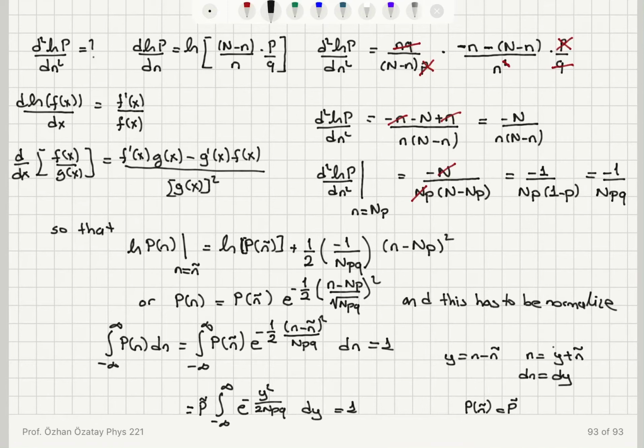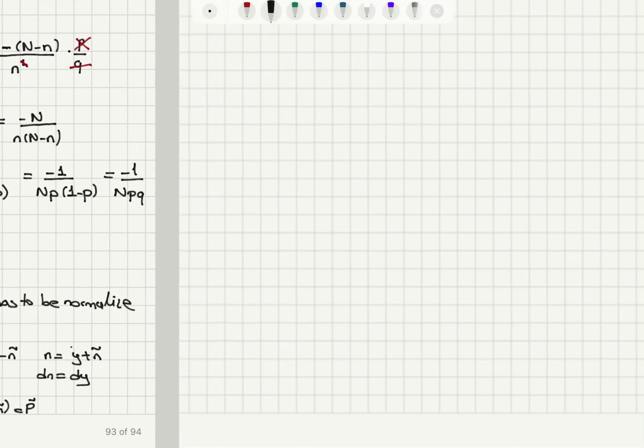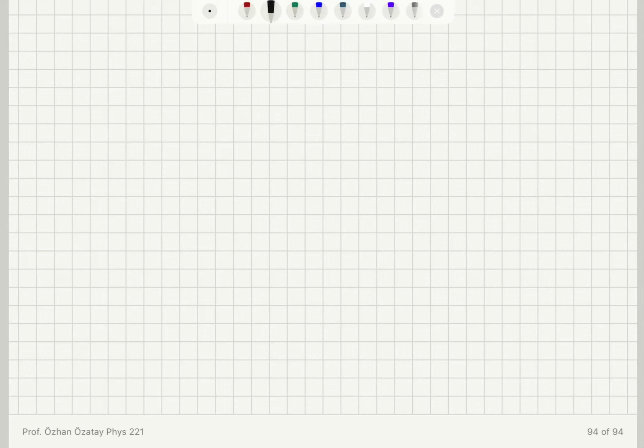Okay, now let's continue with this normalization. The integral p tilde, integral from minus infinity to plus infinity of e to the minus y squared over 2NPq dy has to be equal to 1.